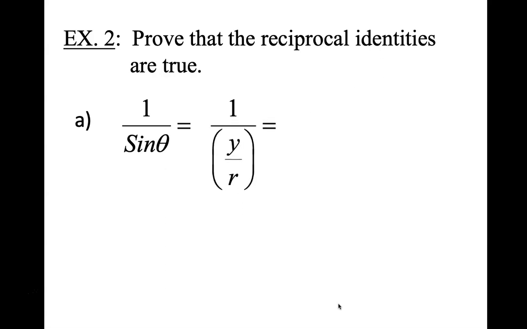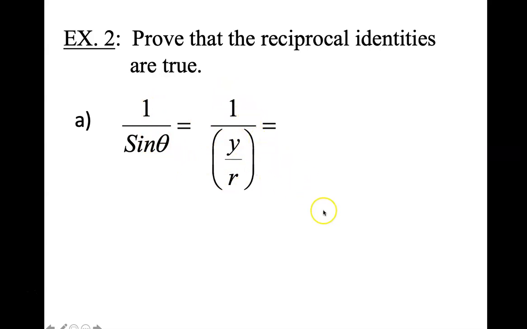Again, I'm going to use x's, y's, and r's, my components of a right triangle, of a reference triangle here. Again, I know that sine is y over r, so 1 over sine is 1 over y over r.